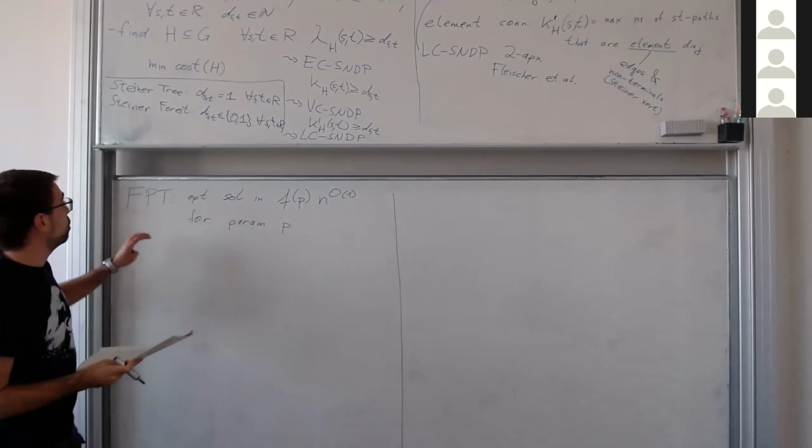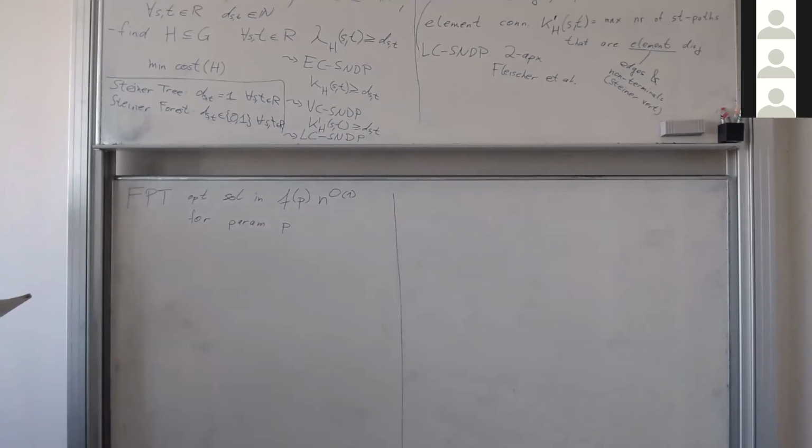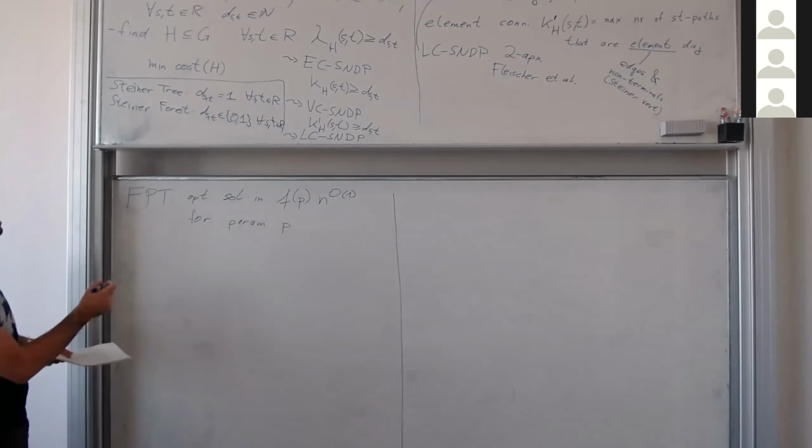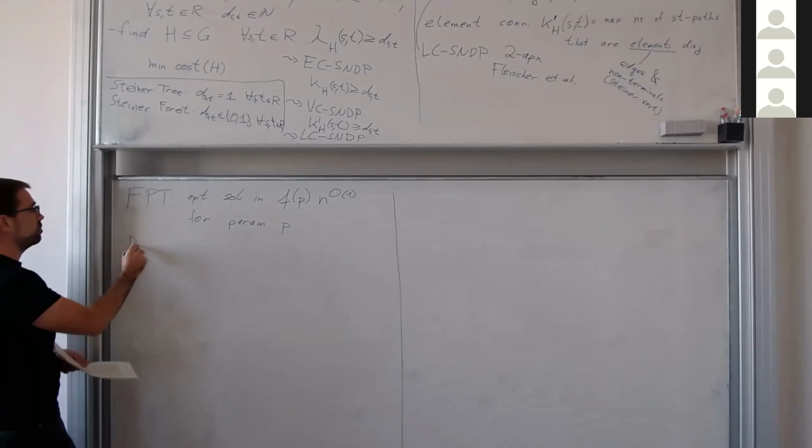So what do we know about parameterization? We don't know too much about SNDP. There are some results. I will mention the most classic one here, which, if you know something about Steiner tree, you know: the Dreyfus-Wagner algorithm.